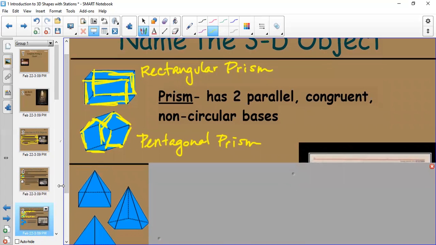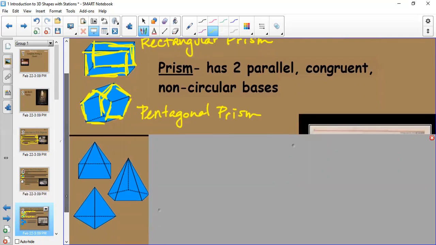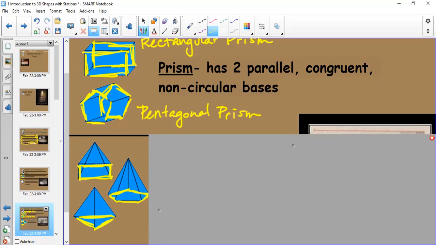All right, let's say I take away one of those bases and they don't have 2, now they only have 1 base, and the other side is a point. So we have a triangle base, we have a square or rectangle base, we have a pentagon base.